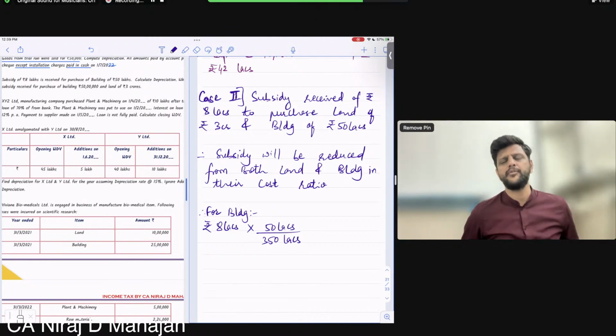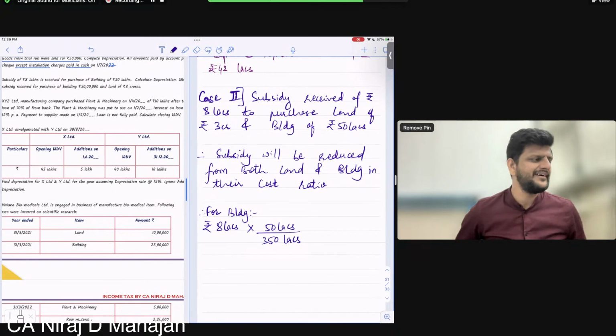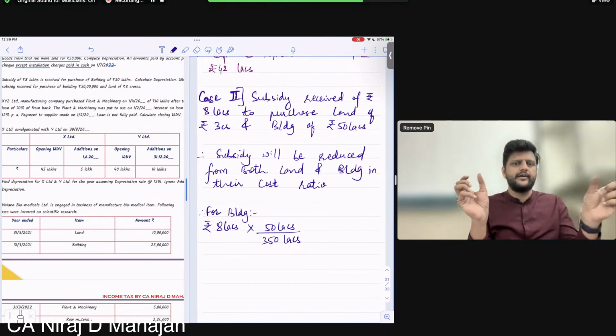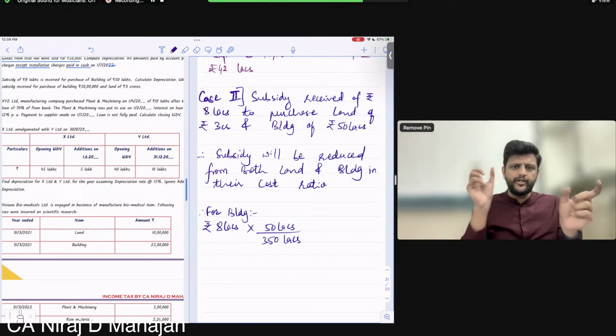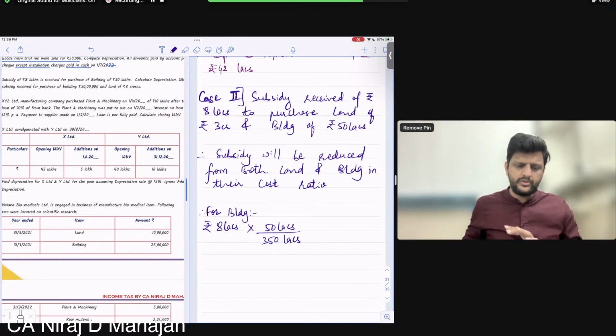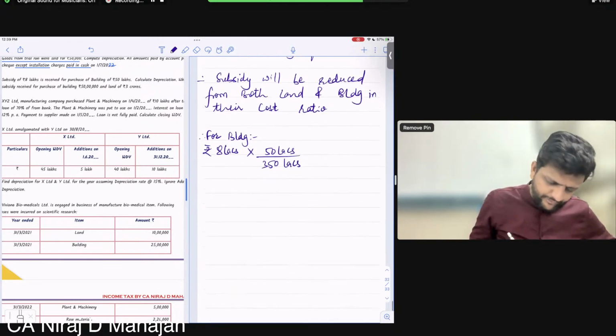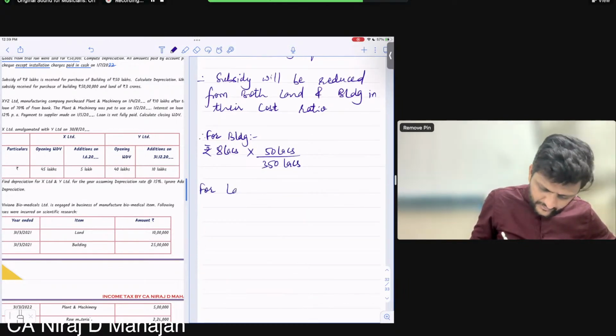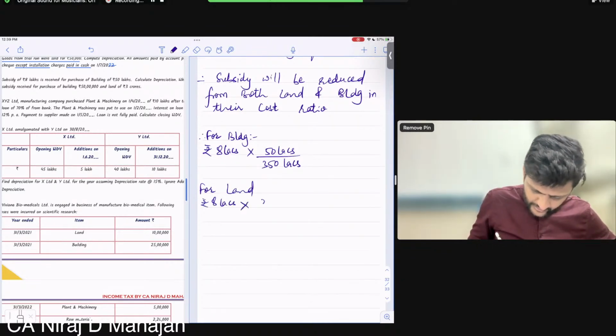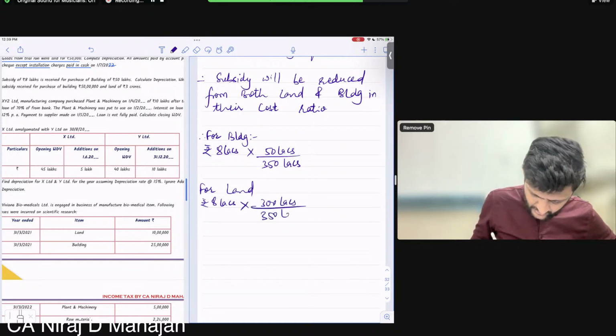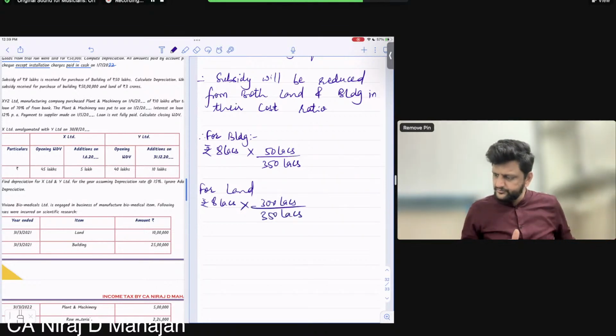I am keeping everything in lakhs, so that the ratio is in the same units. So the ratio is 50 lakhs and 300 lakhs. So I will apportion 50 upon 350. This much you understood or no? And for land, rupees 8 lakhs into 300 lakhs upon 350 lakhs.